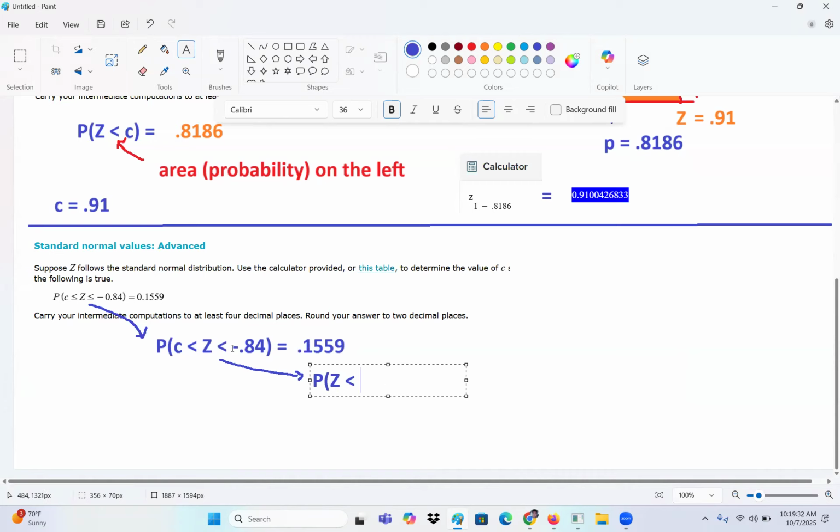So we can put less than or equal to, it doesn't matter. So we're going to take negative 0.84 minus probability of Z less than C, right? So we got this 1.119.